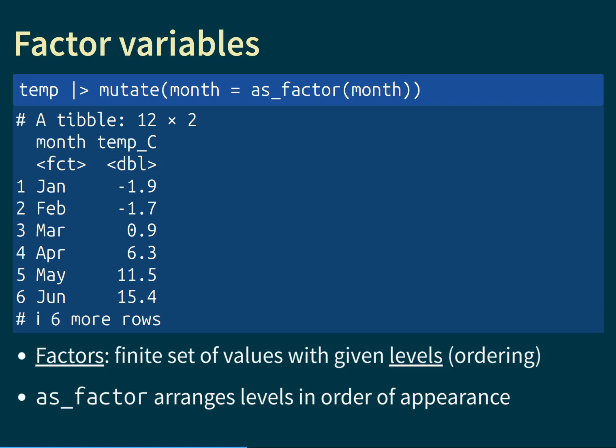So, in other words, when we say month should be equal to as_factor of month, then we look at the month column, we convert it into a factor and automatically set the factor levels in the order in which the months appear in the table. And because this table happened to be such that the months were already in correct chronological order, this means that the factor levels are also already set to be in the correct order. Therefore, we didn't need to do anything else.